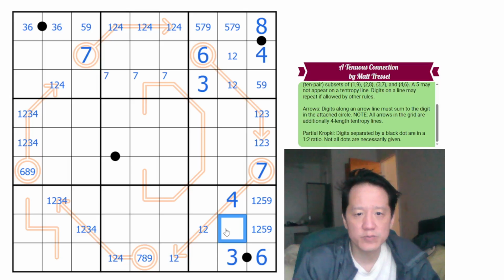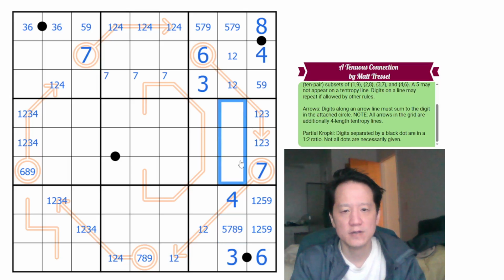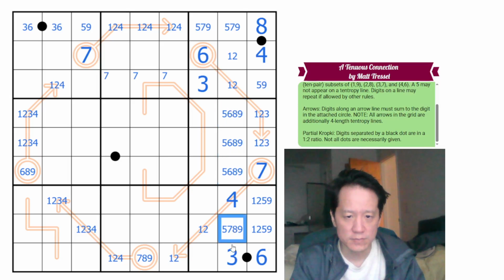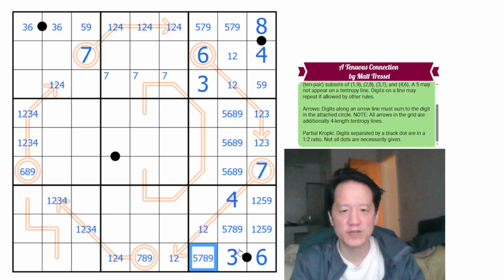This can't be 1, 2, 3, 4, or 6. So this is 5, 7, 8, or 9. This could be 5, 6, 8, or 9, but no 7. This sees 1, 2, 3, 4, and 6. So this is 5, 7, 8, 9 here.